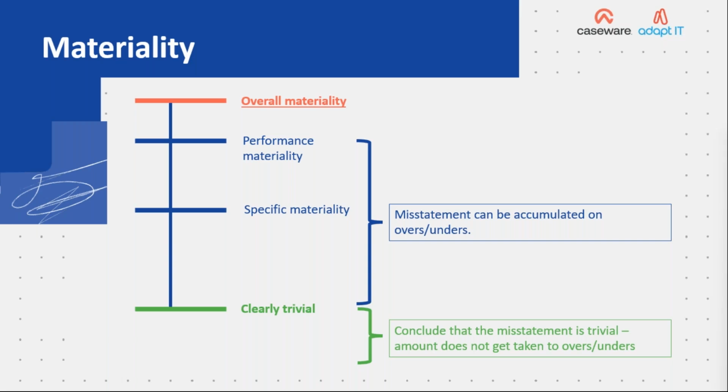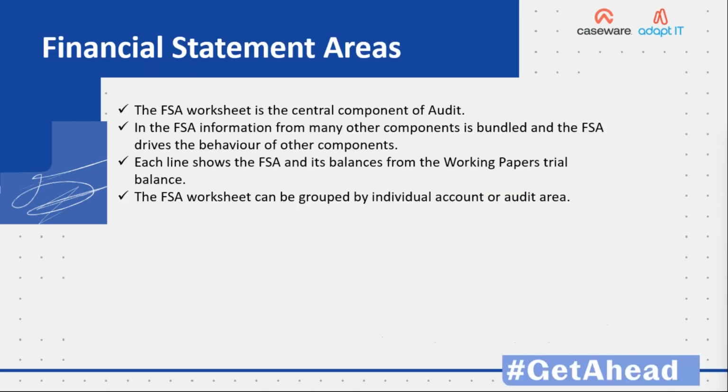If the misstatement falls above specific materiality, where does it go? Do we accumulate it under overs and unders? The answer is yes. If the misstatement is above performance, what should we do? Accumulate it under overs in the document of overs and unders.